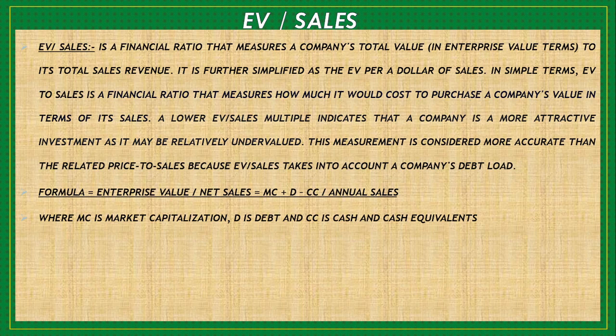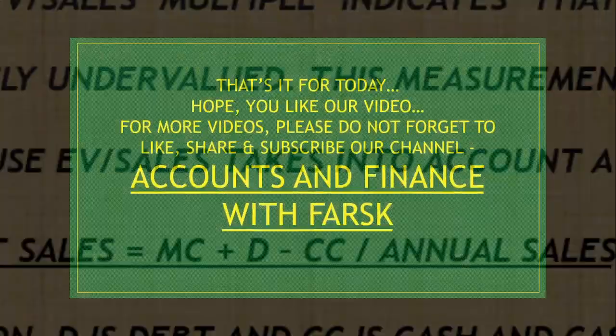Formula: enterprise value divided by net sales is equal to MC plus D minus CC divided by annual sales, where MC is market capitalization, D is debt, and CC is cash and cash equivalents.